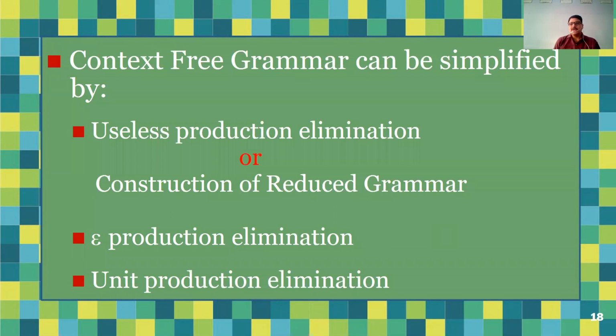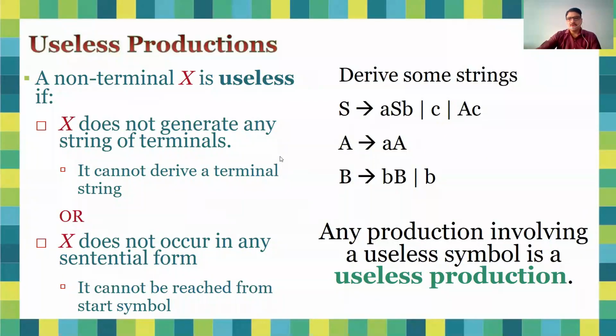Simply, if we remove the useless productions from the grammar, then obviously we will get a grammar, and that grammar will be the reduced grammar. So now the point is, how can we identify that a particular symbol is a useless symbol and its production is a useless production?